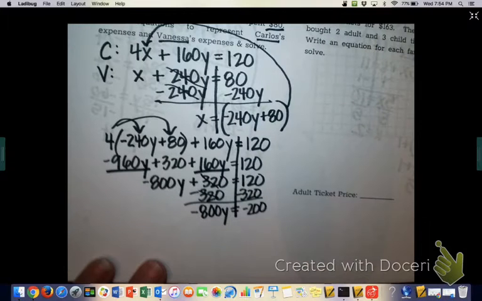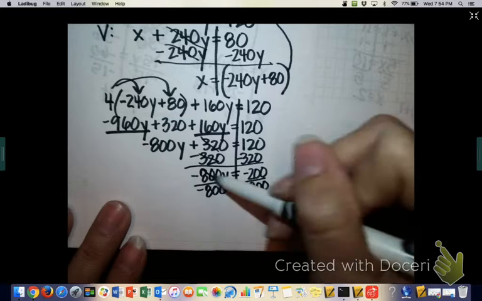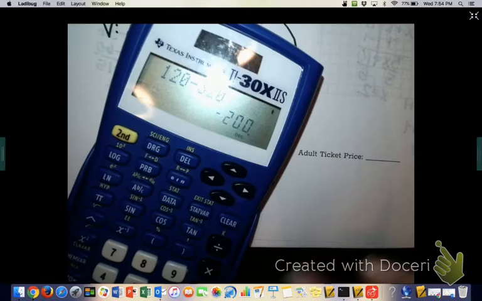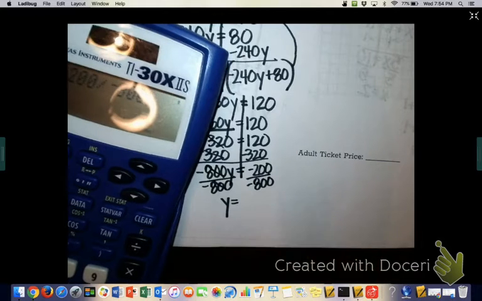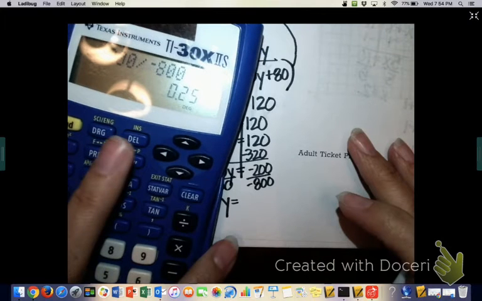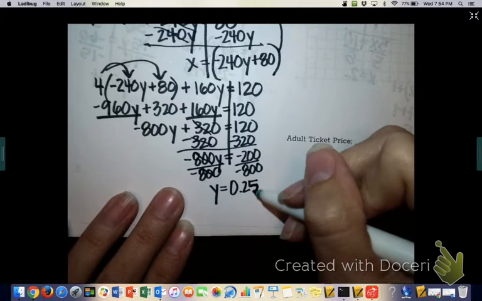So divide by negative 800, divide by negative 800. Y equals 0.25, which is the same thing as 1/4.